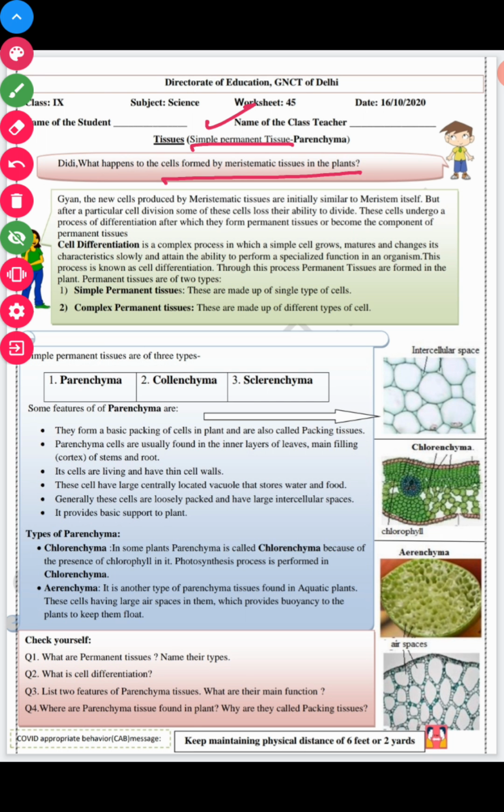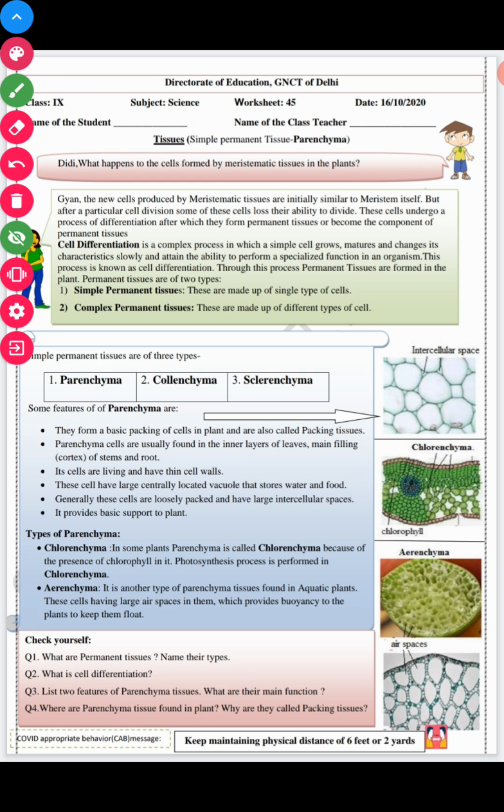They become permanent, and these cells undergo the process of differentiation, after which they form permanent tissue or become a component of permanent tissue.